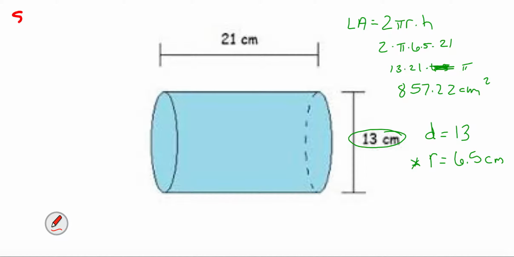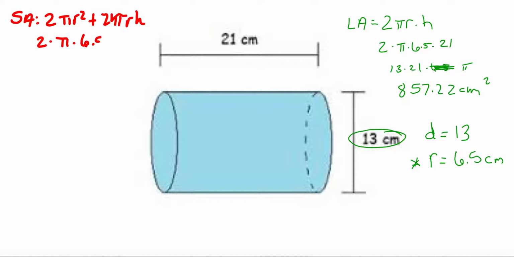My surface area, remember that formula is 2 pi r squared plus 2 pi r h. 2 times pi times the radius of 6.5 squared plus the answer that I got over here. So I'm just going to steal that answer rather than doing it twice. I'm going to take 857.22.